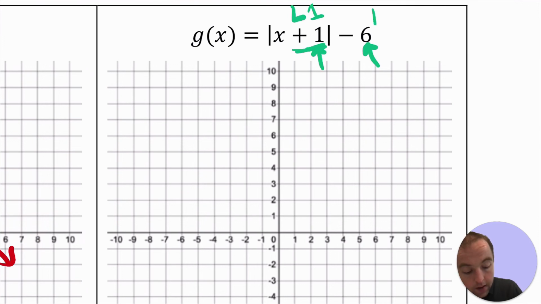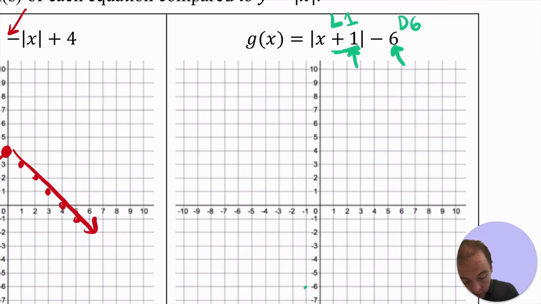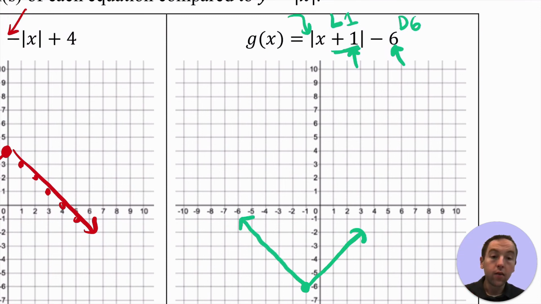And then the minus outside is going to shift this down 6 units. So by going left 1 and down 6 from where the origin is, that's going to be where that's at, and that's going to be the vertex of your graph. You'll also notice that there is no value in front right there that's being multiplied. It's not 2 or half or anything like that. So that means that your v is just going to go at its normal slope of 1 and -1 and also just be facing up, just like you see there.